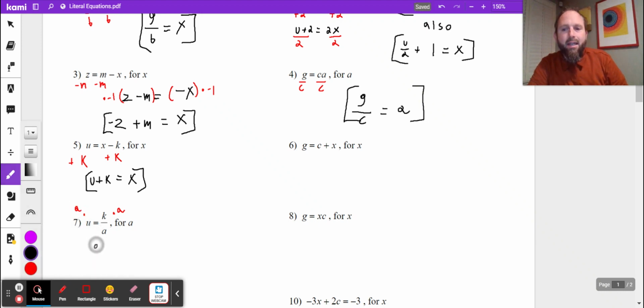So I get au is equal to a divided by a, k. Now I just need to get rid of this u right here. And he's multiplying. The opposite of multiplying is division. So if I divide by u on both sides, I should get a is equal to k divided by u.